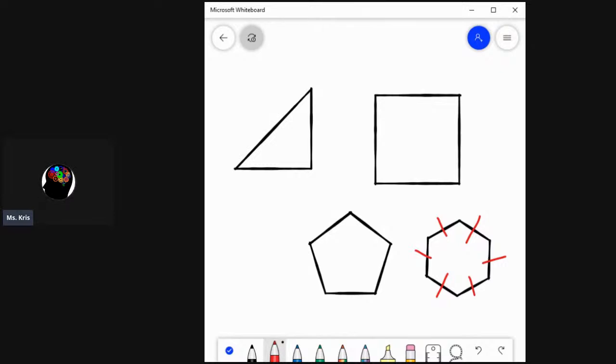And so you also have a heptagon that's 7, octagon that's 8, nonagon that's 9, and decagon that's 10. So whenever you see those types that have different sizes, know that they all have their own name, depending on how many sides is the type of polygon that it is.